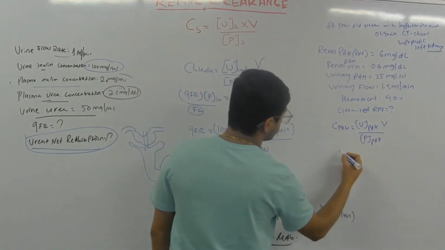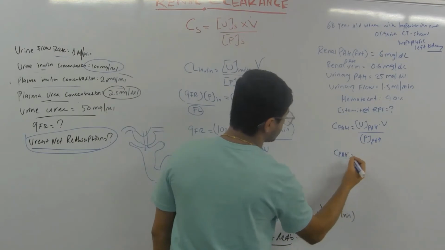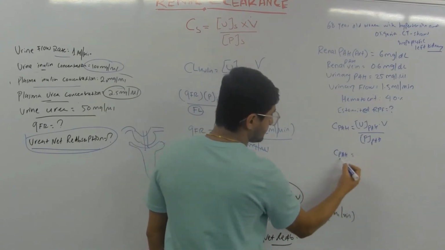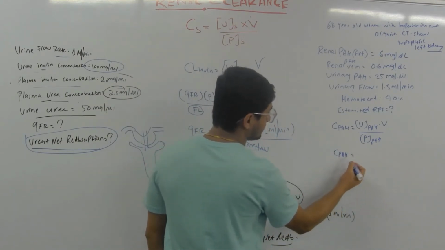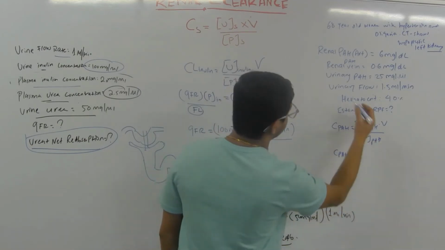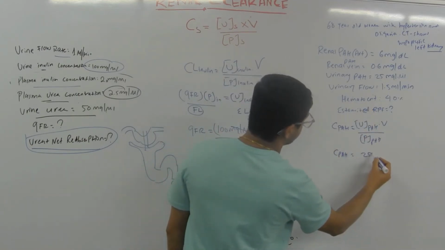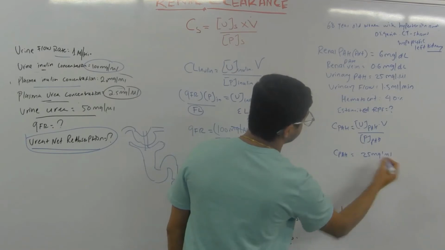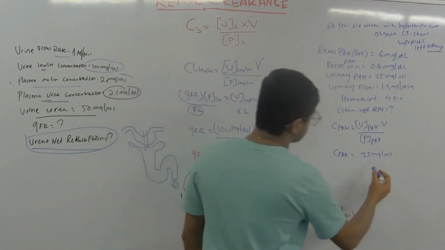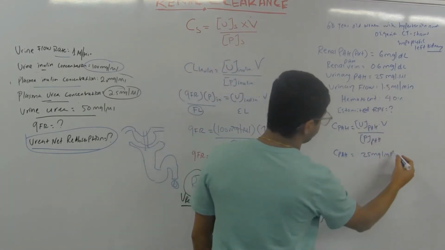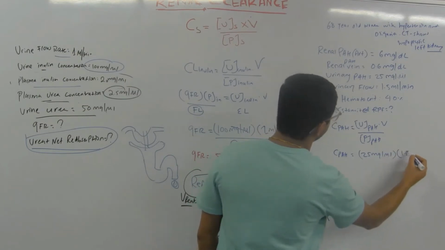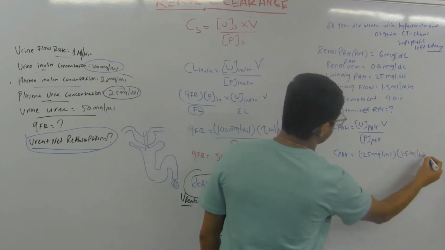Let's just do that. So clearance of PAH, and we're talking about renal plasma flow, because that's the estimated plasma flow. What is my urinary PAH? They give you 25 milligrams per ml. Now, they give you flow rate as 1.5 ml per minute, correct?